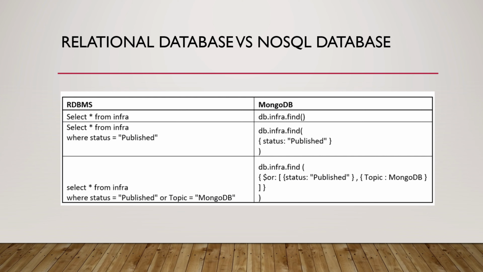If you need a where clause, like select star from infra where status is published, over here it should be db.infra.find with status published. And if you need an or clause, select star from infra where status is published or topic is MongoDB, over here you need to find like this, with or, status is published or topic is MongoDB.